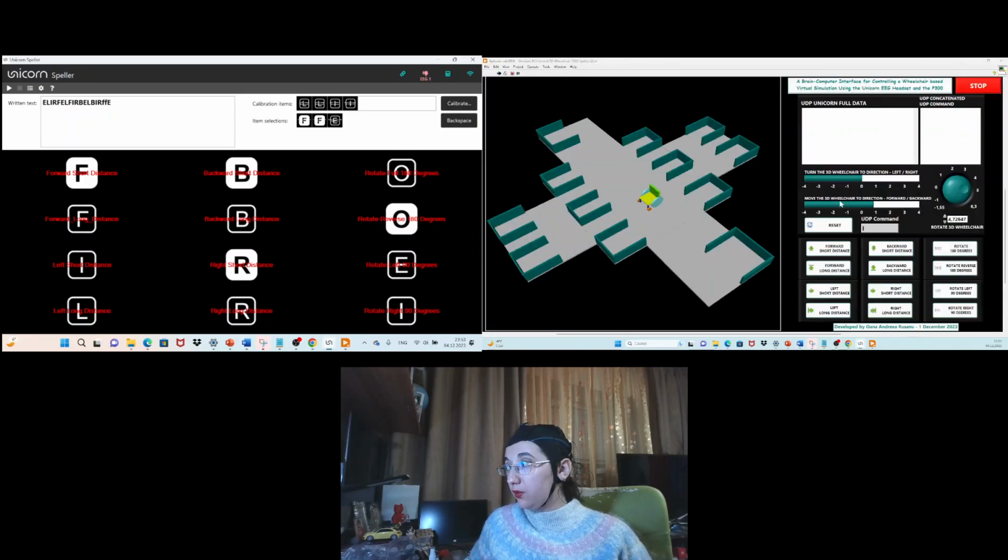Okay, let's continue. So you could see that it is also possible to manually control the 3D wheelchair in different movement directions.